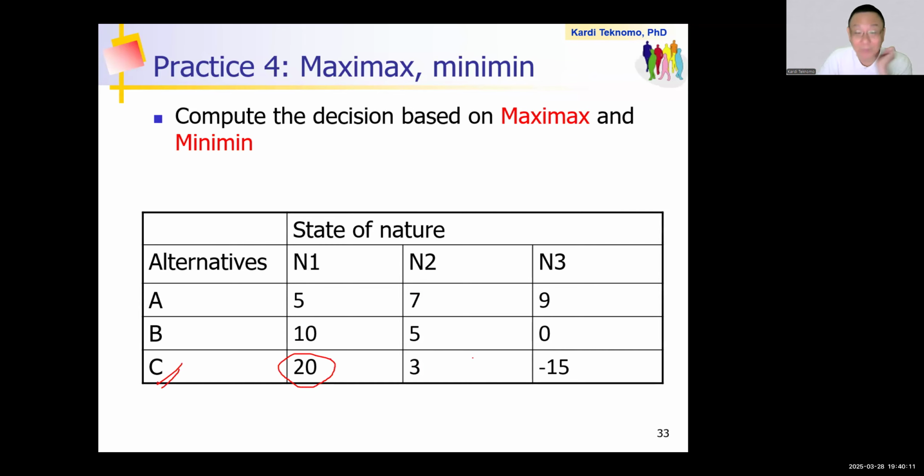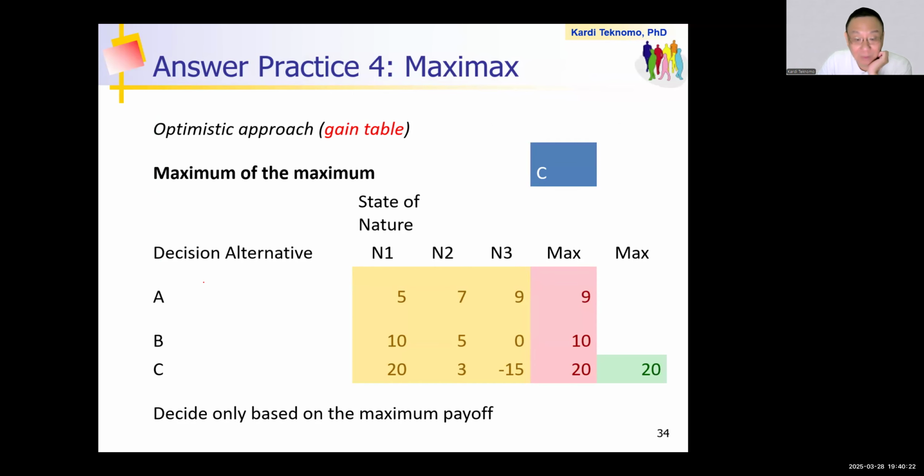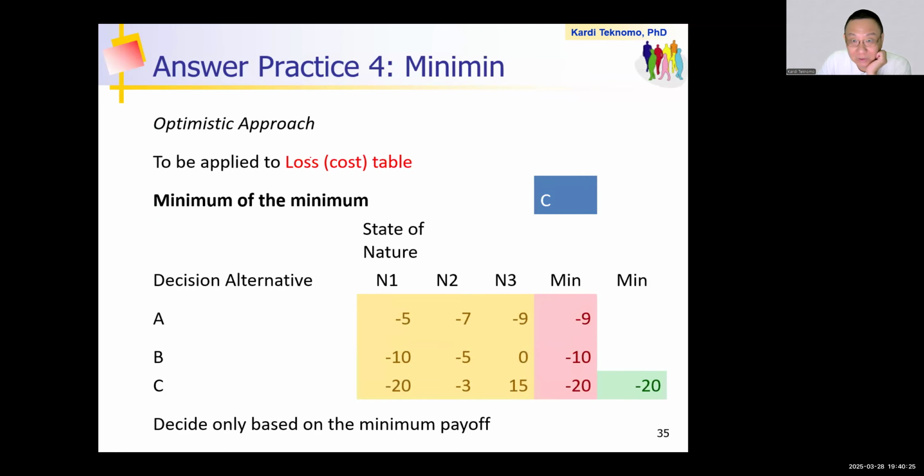So I will choose 20 here. If you put this as negative, so loss table, then again you will choose the same value, 20 also. So this is a very optimistic way to decide. In the next example, you will see how this is also counterintuitive.